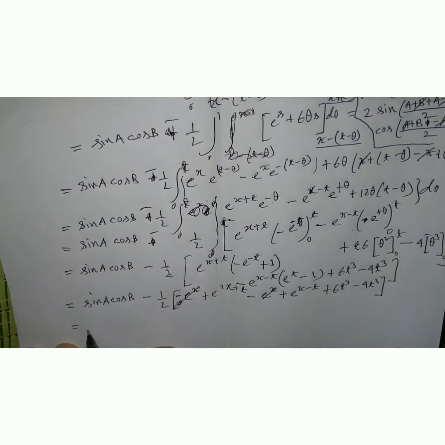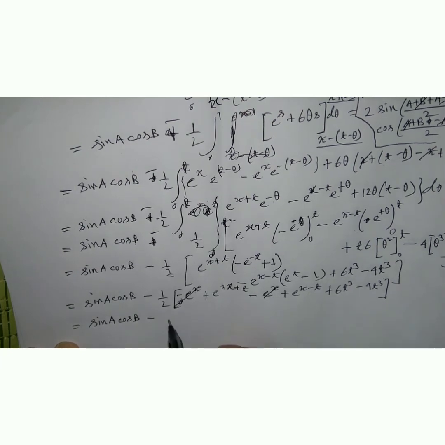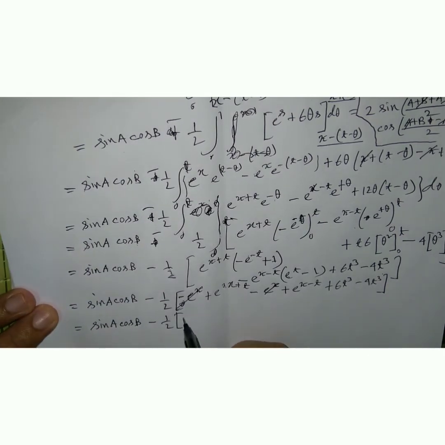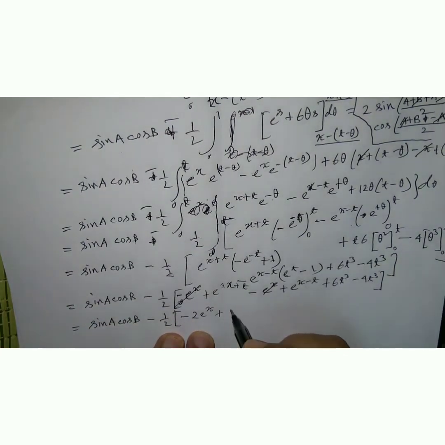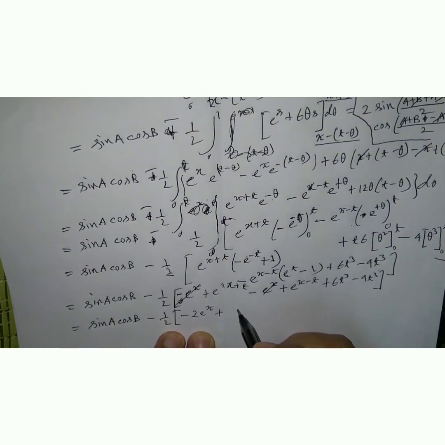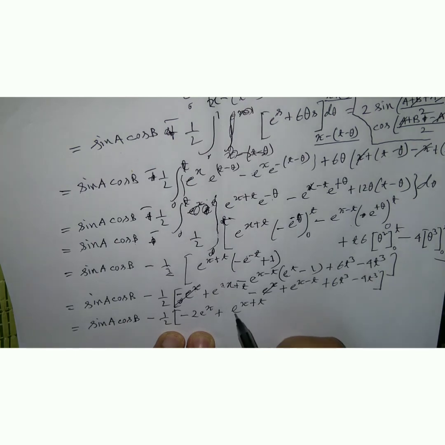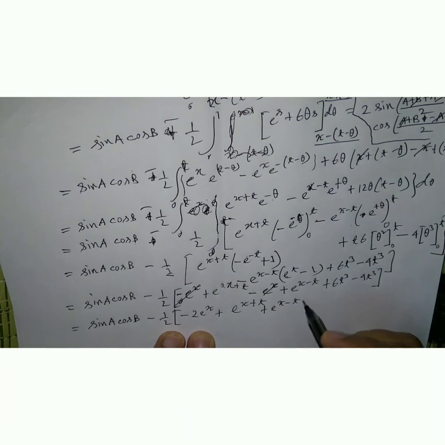No problem. And sin A cos B minus half into minus 2 e to the power x plus e to the power x plus t plus e to the power x minus t and plus 2t cube.